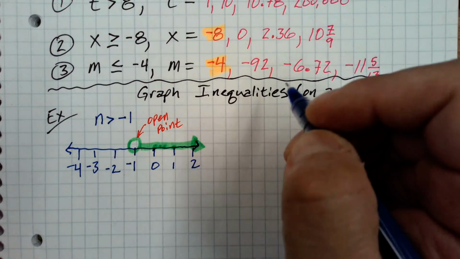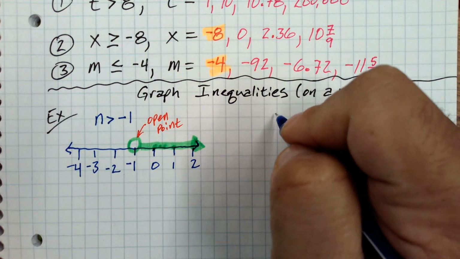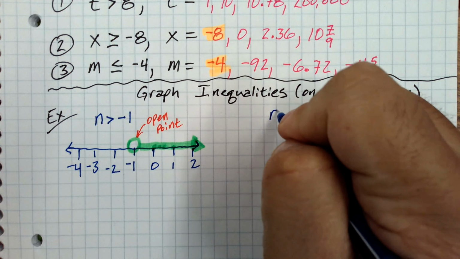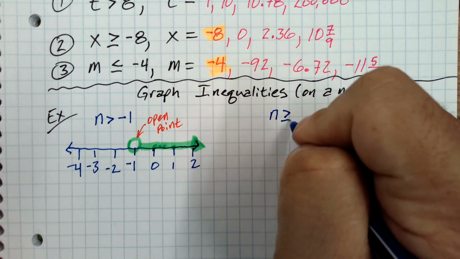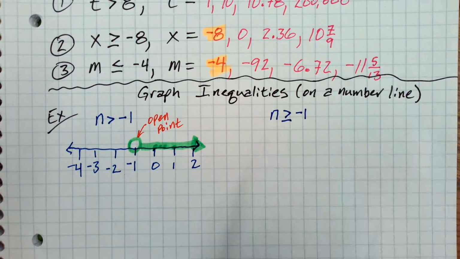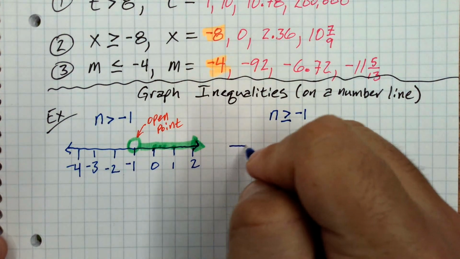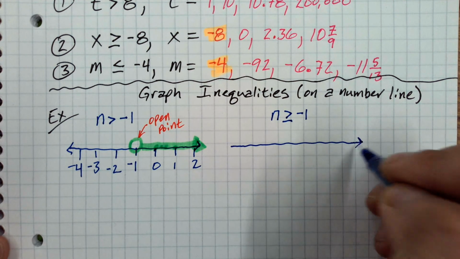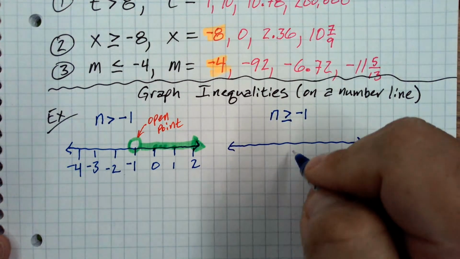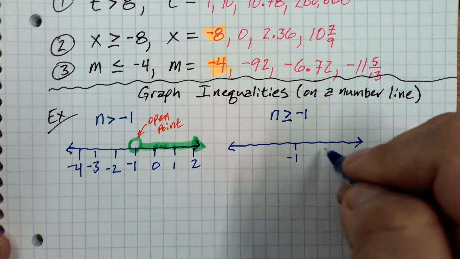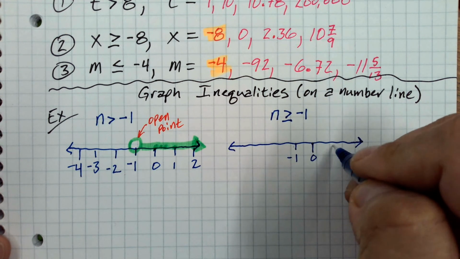Let's try another one. Let's try greater than or equal to. n is greater than or equal to -1. Okay, so we're going to make a number line once again. Let's make the same number line, -1 kind of in the middle, and a few of the numbers that belong here.